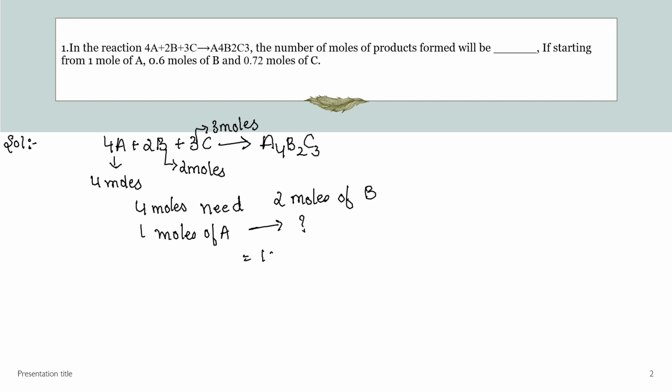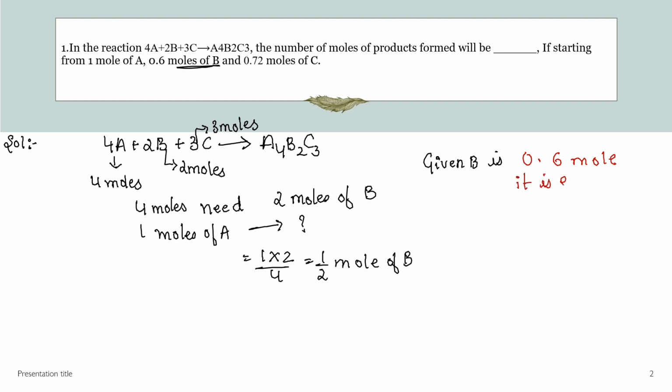By calculating it, 1 into 2 by 4, that is 1 by 2 moles of B is required for 1 mole of A. Whereas given B is 0.6 mole. As compared, it is in excess.